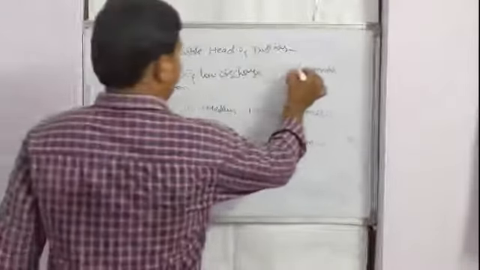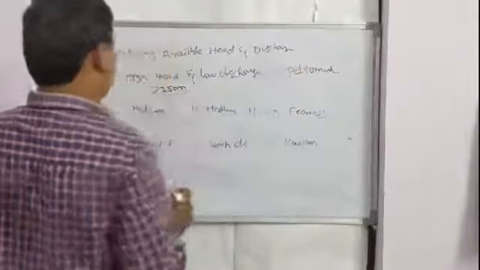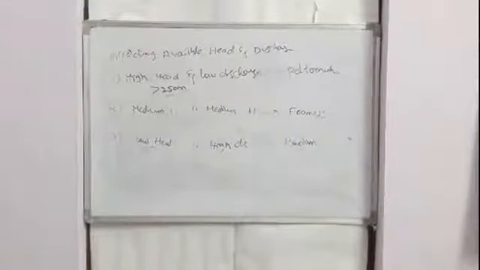So for construction of a Pelton wheel, the reservoir height should be above 250 meters.